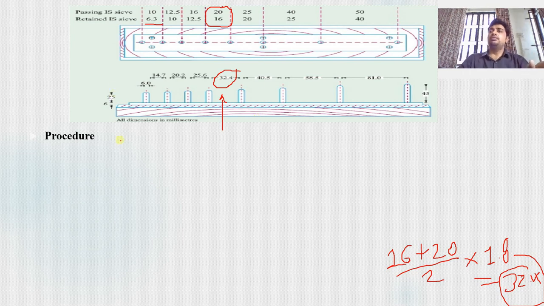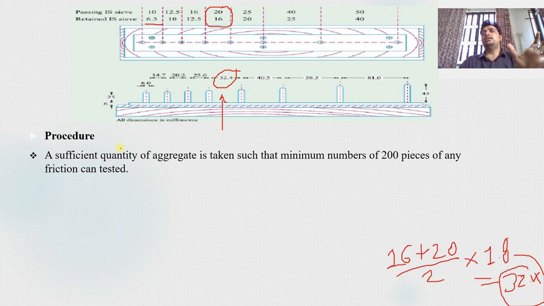Let us understand the procedure for finding the elongation of aggregates. A sufficient quantity of aggregate is taken, such as a minimum of 200 pieces of any fraction can be tested. For example, I am taking 16 mm retained and 20 mm passing aggregate. It means I have to pass the aggregate through this portion, whose length is 32.4 mm.